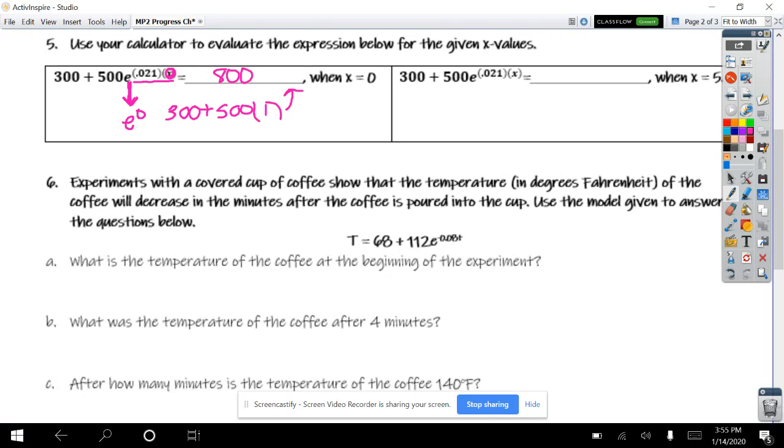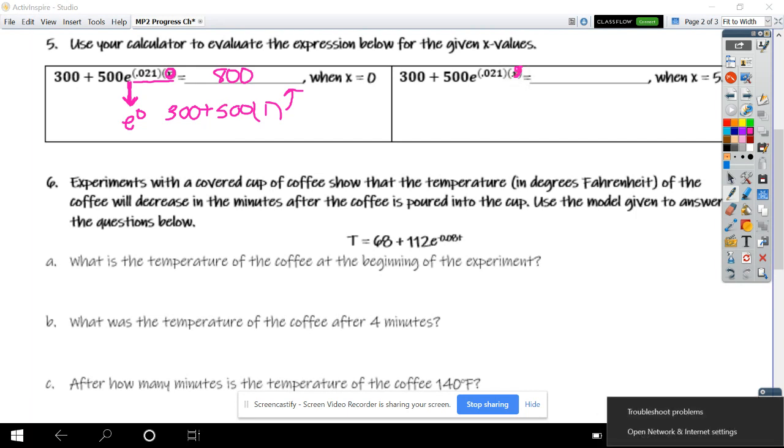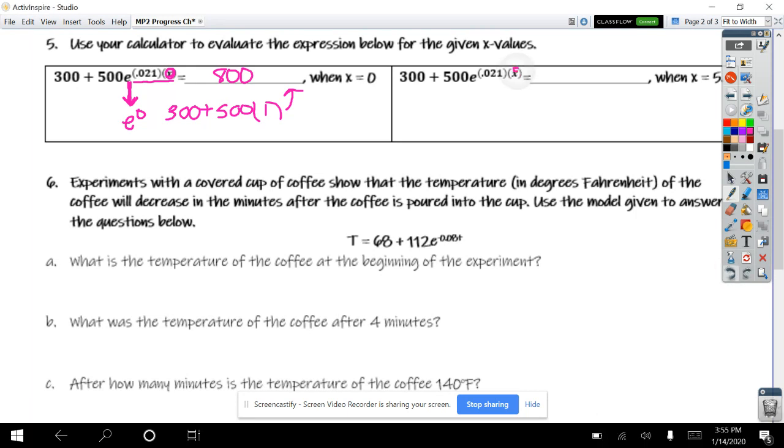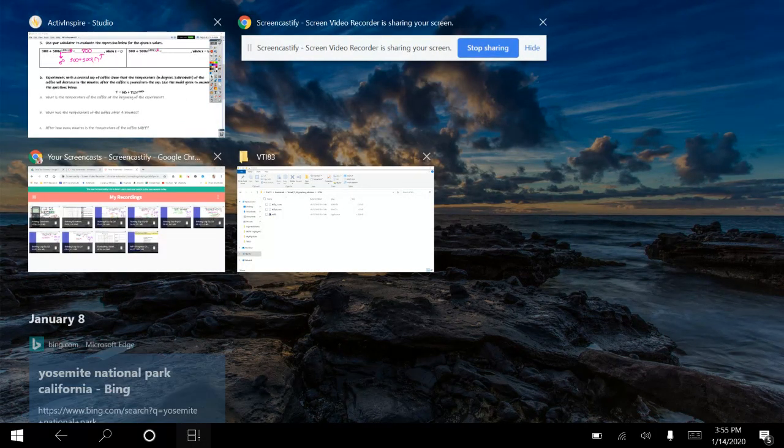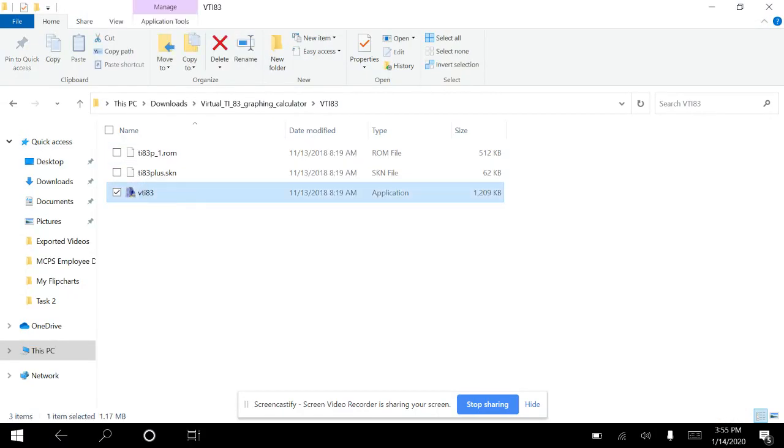Second one here, we're plugging in when x is 5. So I'm going to replace the x with 5. And now to put this into the calculator, I always start with just the e part. So e to the 0.021 times 5. And I can do that in a calculator to show you right now.